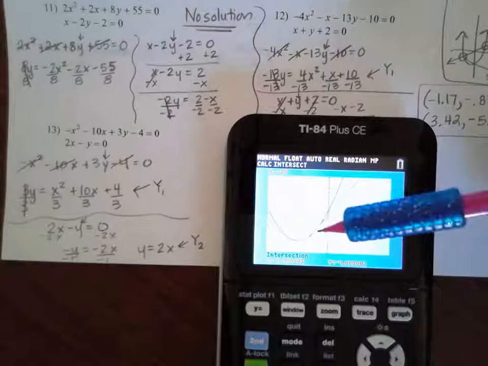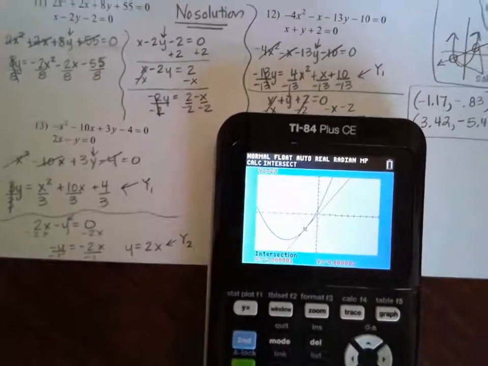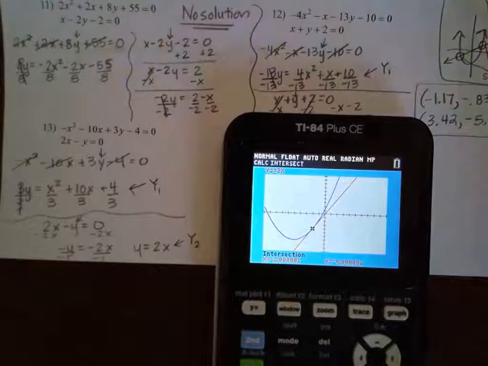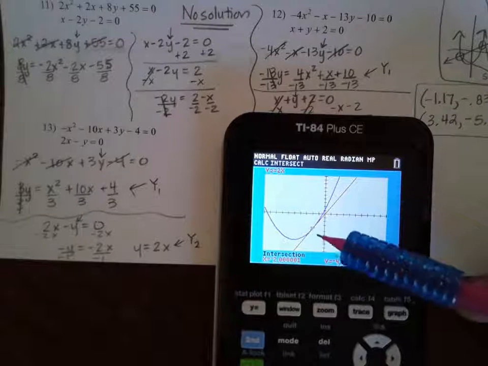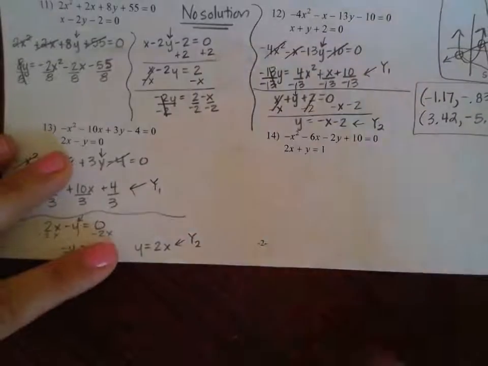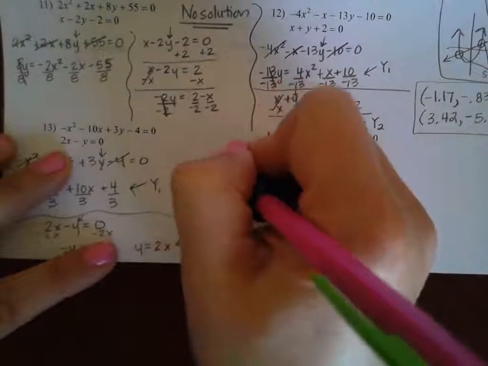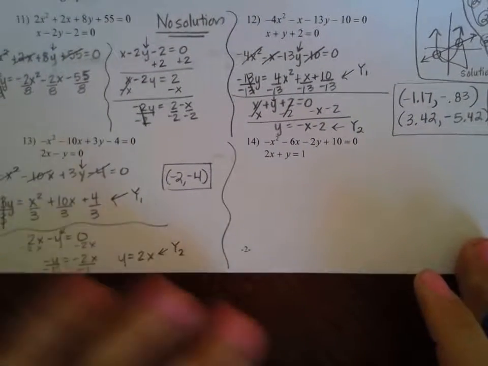And these graphs only cross in one spot, so you don't have to worry about doing it again. It looks like right here is the only place. It's like a tangent line to that curve. So negative 2, comma, negative 4. And that's your solution. Alright, we've got one left.